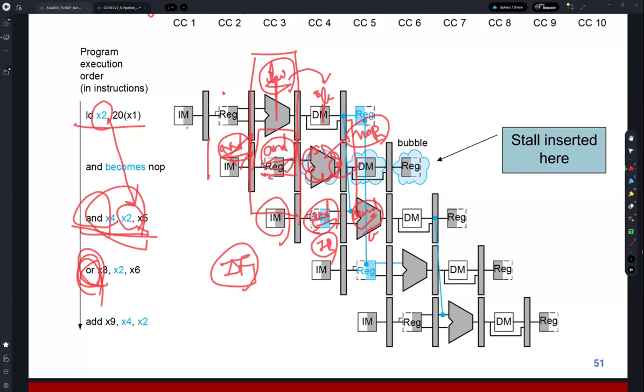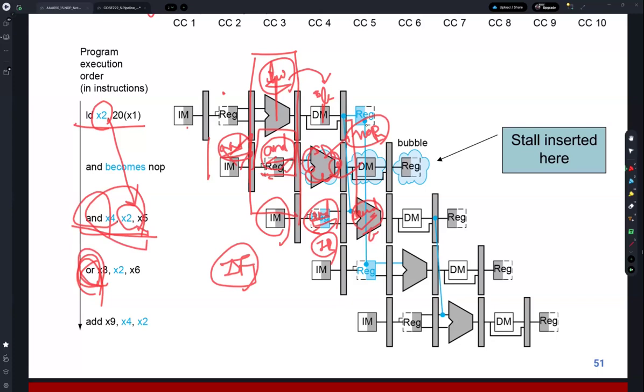If we do not update the program counter, then the OR instruction stays in the instruction fetch stage. Do you understand? In the instruction fetch stage, we fetch an instruction from instruction memory using the program counter value.